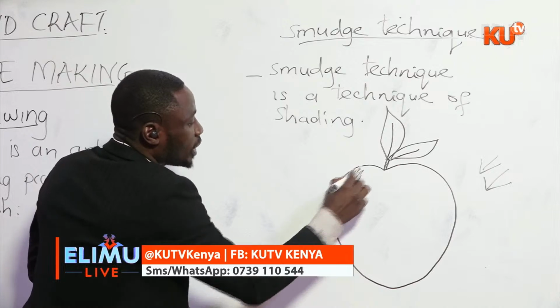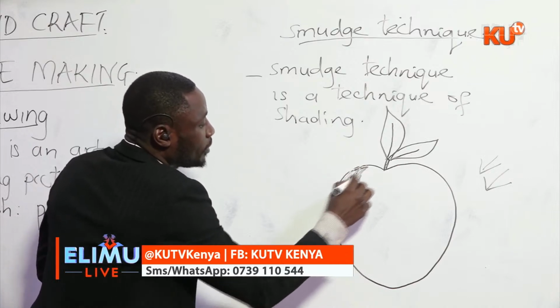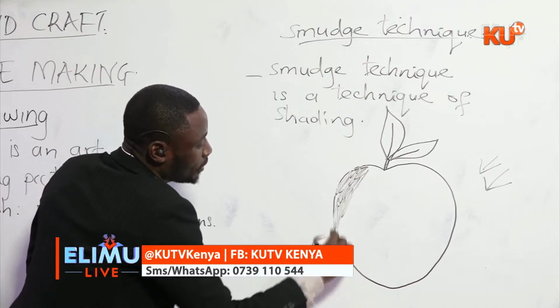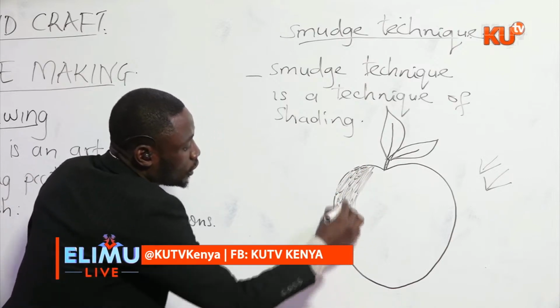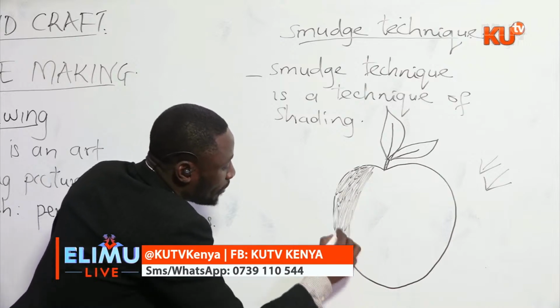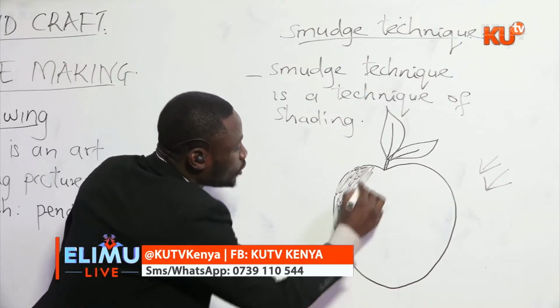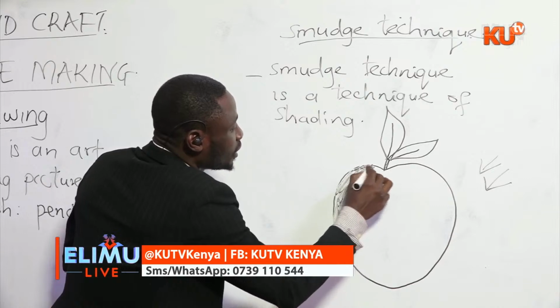Okay, we are shading our pineapple. I hope you are also shading with me. I am shading my pineapple. I believe that you also have yours and you are shading with me.